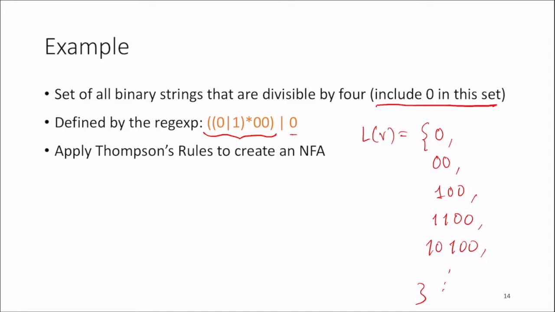Now, the main reason for this example is to apply Thompson's rules to take this input regular expression and create an NFA. If I then give that NFA one of these strings, it'll tell me, yes, this string belongs to the language of this regular expression.